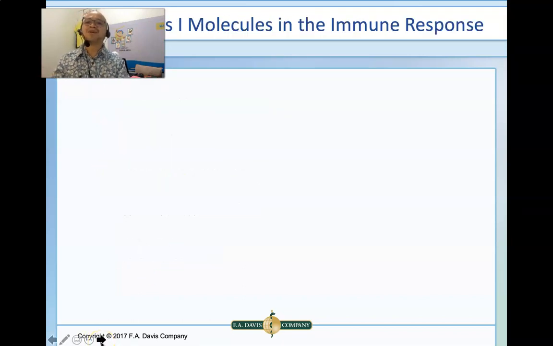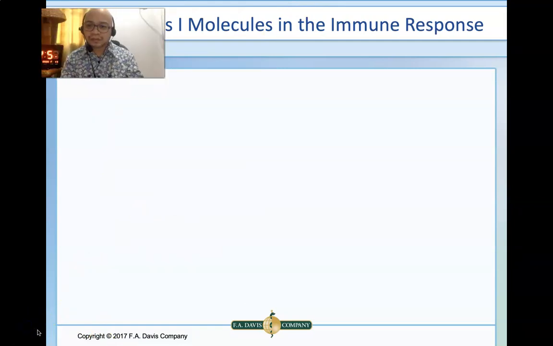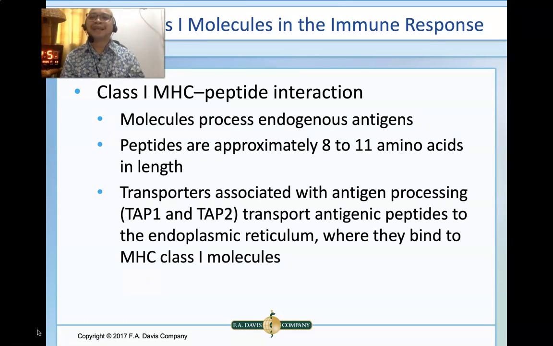So let's talk about the role of class 1 molecules in the immune response. Class 1 MHC are actually important for peptide interactions, which means that the molecular peptide interactions involve the molecules that process endogenous antigens.